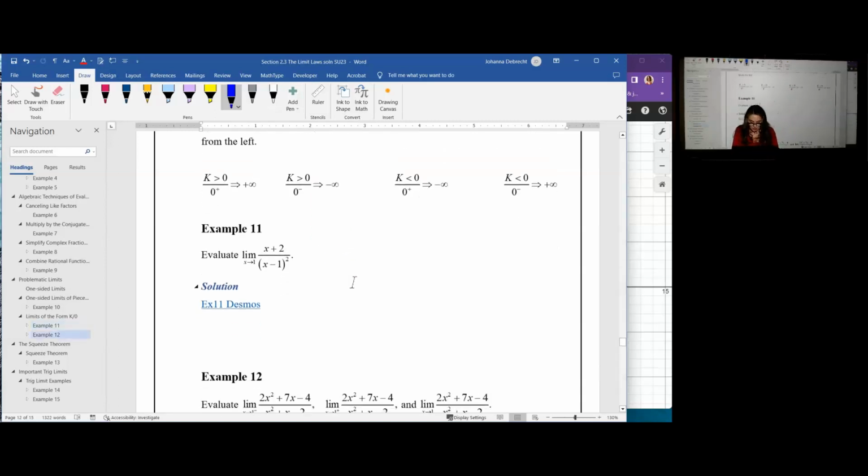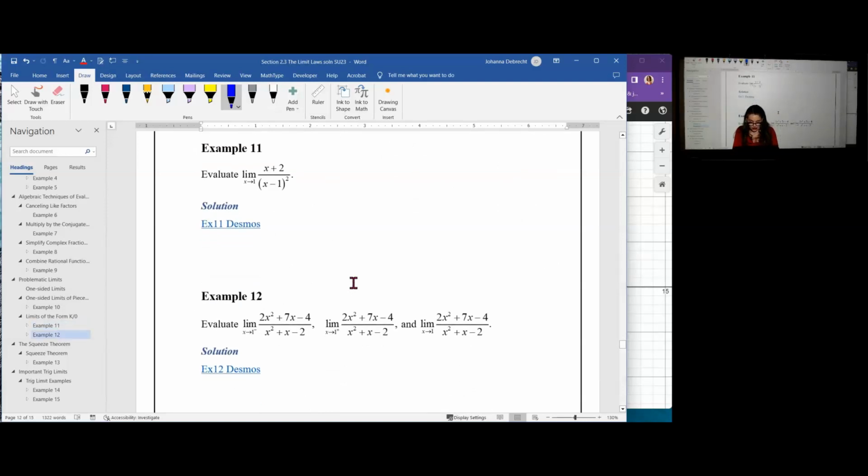Now let's take a look at examples 11 and 12. In example 11, the first thing we want to do is try to substitute in the value of a. The limit is as x approaches 1. So we substitute 1 to see if we can get a finite real number. Unfortunately, in this case, we get 3 over 0 squared.